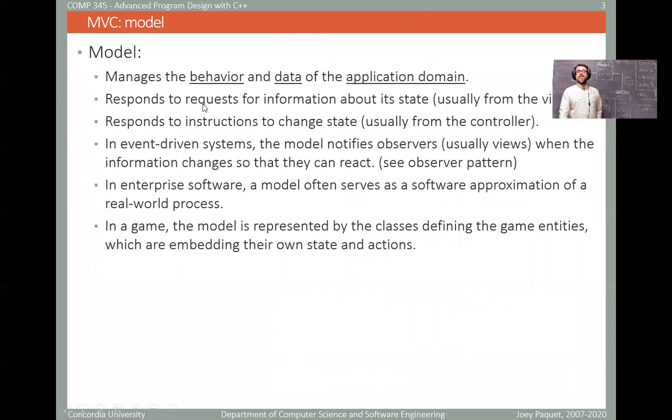The model also responds to requests for information about its state, because the model object itself, for example the player in the MVC model, is not responsible for displaying its own state. It's the view that will display the state of the player by interrogating the player. So the player needs to expose some methods that the view will use to get information that it will display. The players are not themselves displaying their own state. This is done by the view.